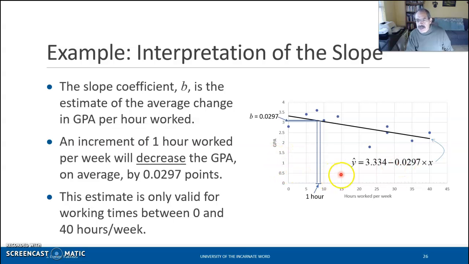As you increase the hours, the GPA decreases. And again, this estimate is only valid in the range from 0 to 40 hours because that's where we have data. We don't have any data beyond 40 hours per week. All right, so this is how you interpret the coefficients.